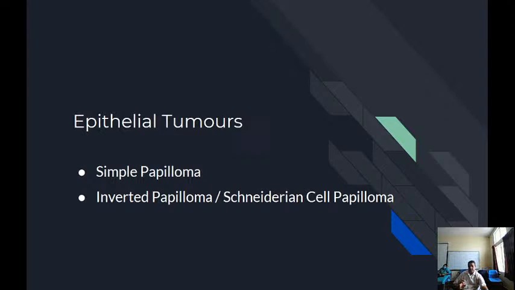That is the vestibule. Then we go to another interesting condition which is present in the nasal cavity, which is called the inverted papilloma, which is otherwise called Ringertz's tumor or Schneiderian cell papilloma. These are the various synonyms that are given to that.